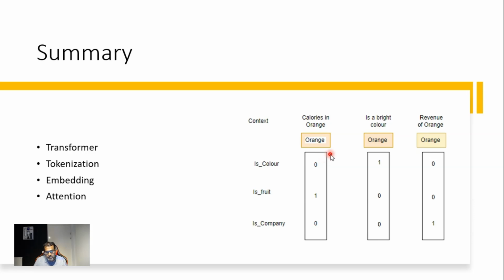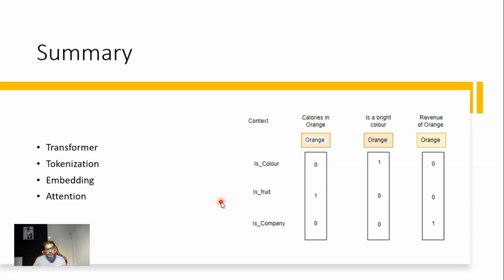For example, if the user is asking what is the color of orange, then in the vector database the value is fruit. The value is one. So then it does the tokenization, and based on the embedding and attention technique, it would be able to return the value.